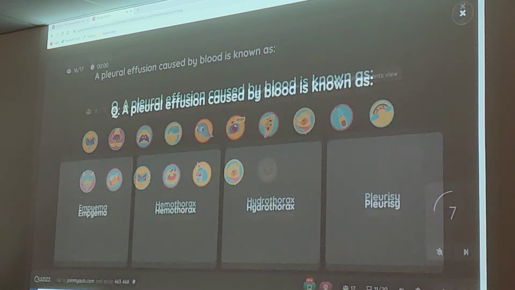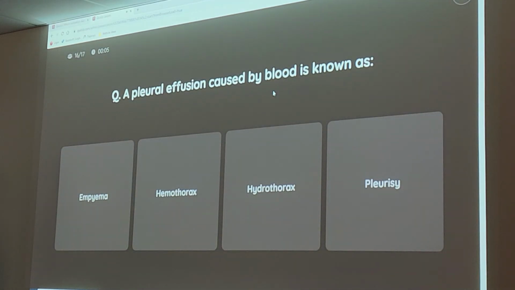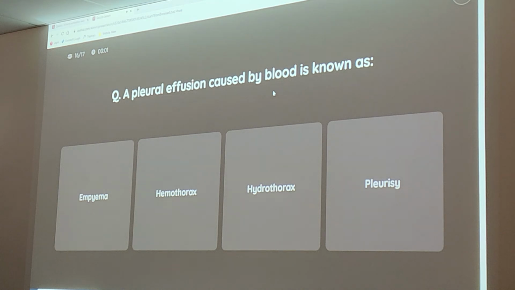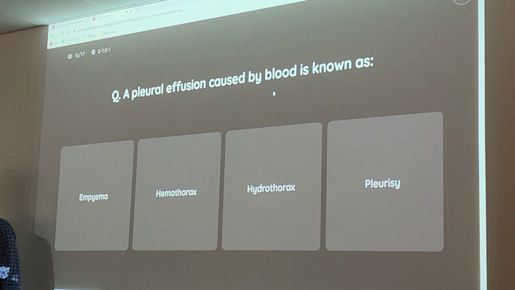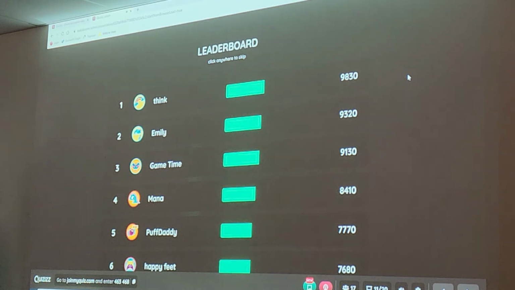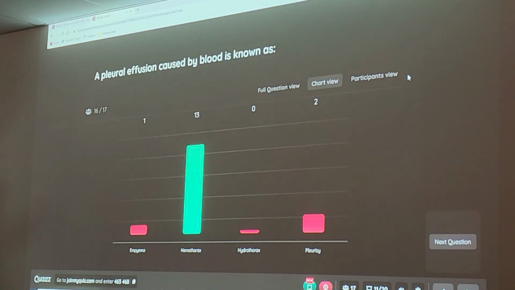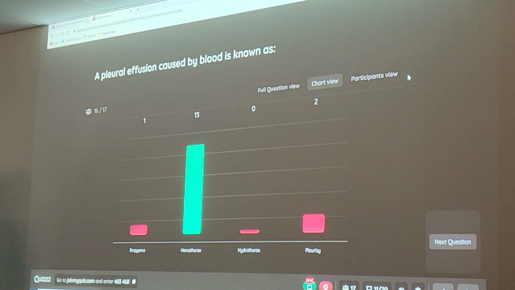Empyema, hemothorax, hydrothorax, or chylothorax. You have to click X. Oh, okay, my bad. All right. It is hemothorax. Very good.